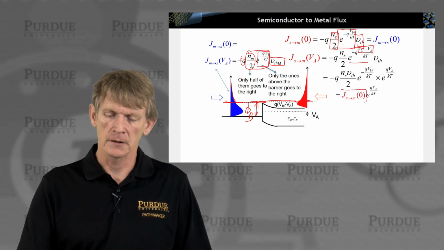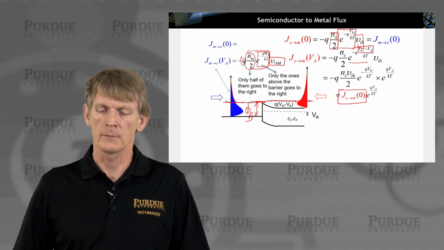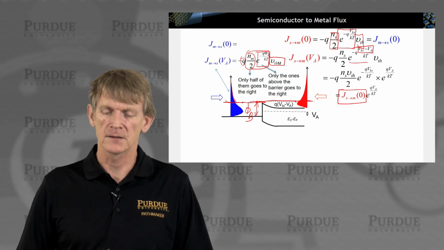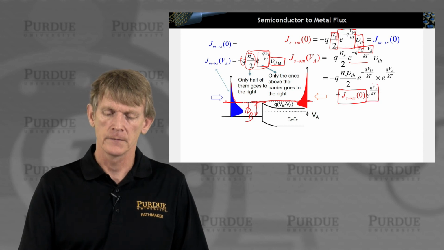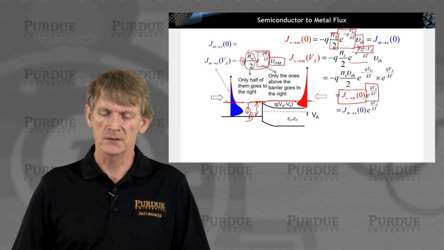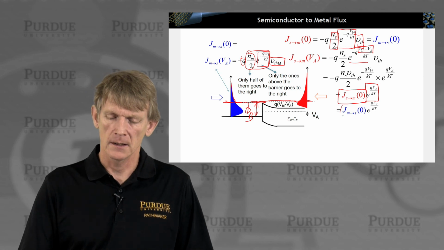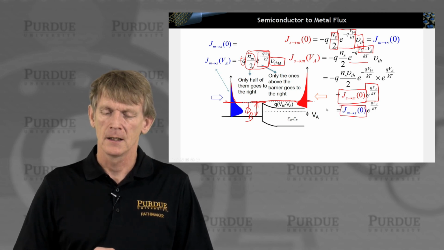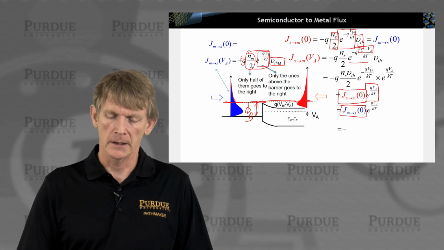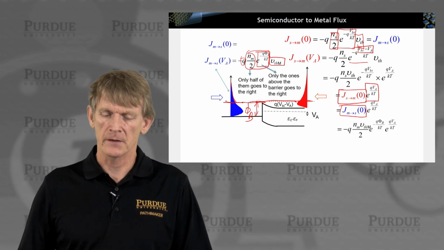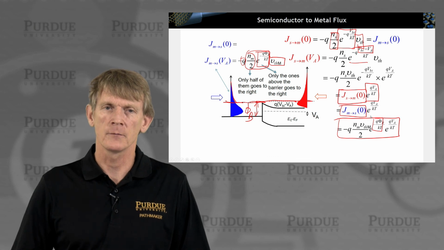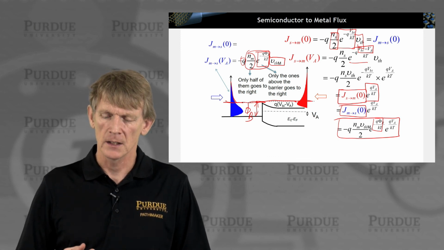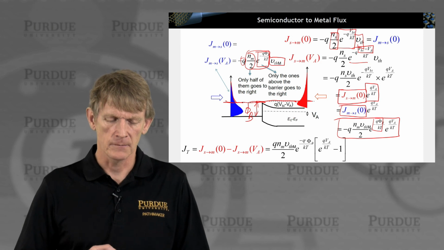This has the current in it at 0 applied voltage, and it's scaled by an exponential that has the applied voltage in the exponential. That comes in handy because now this must be the same as the metal to semiconductor one at 0 bias. All right. Now I can express everything here as a metal expression with a barrier height that is coming in from the metal. So I have metal properties and semiconductor properties in here.